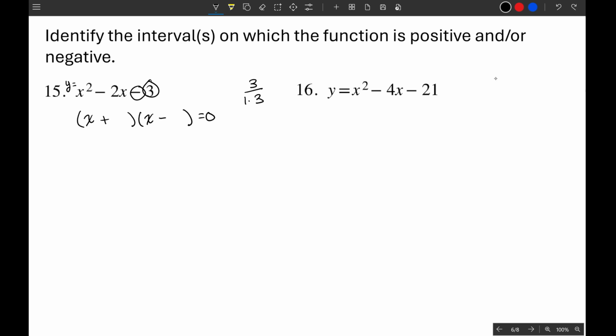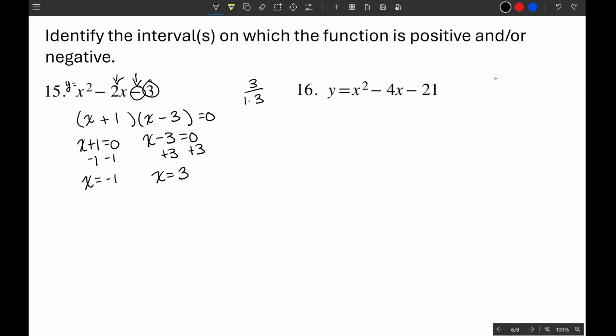Well, that would be 3 and 1, and that also subtracts to make 2. But I need a negative 2, so 3 has to be negative, and 1 has to be positive. Then I set these equal to 0. So again, I'm finding those x-intercepts, those zeros, those roots. So I'm going to solve, and that gives me negative 1 and positive 3.